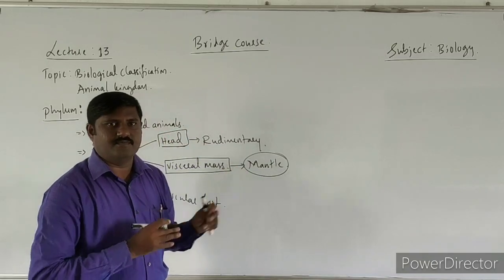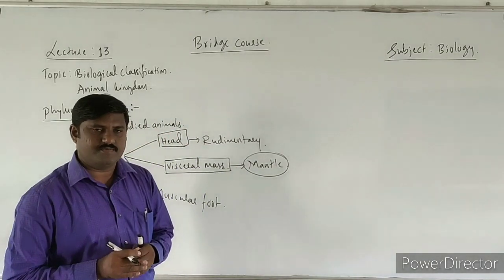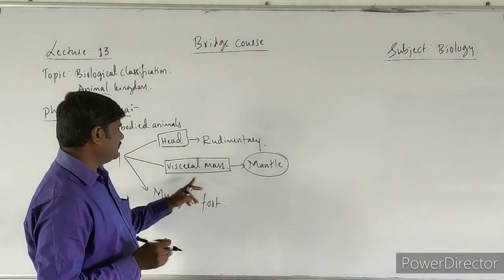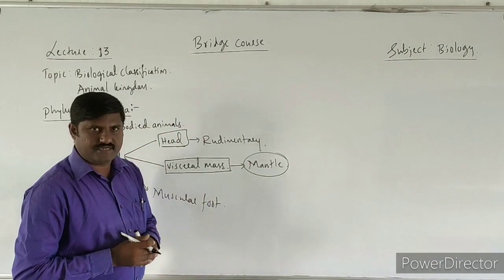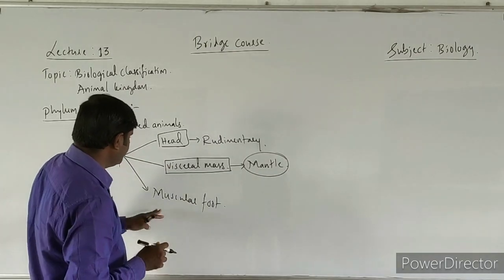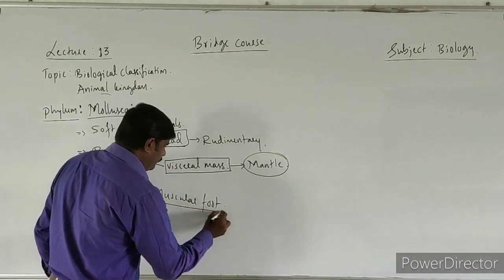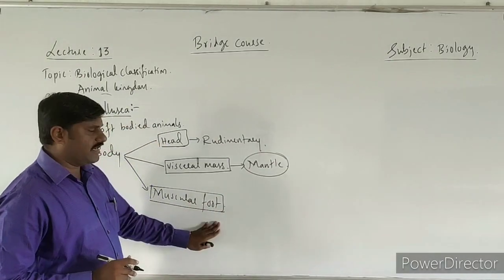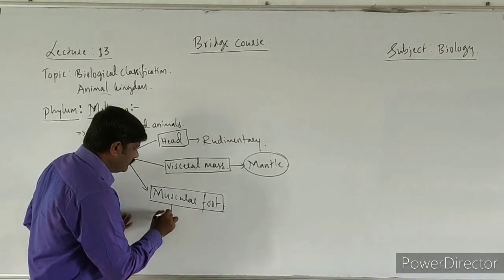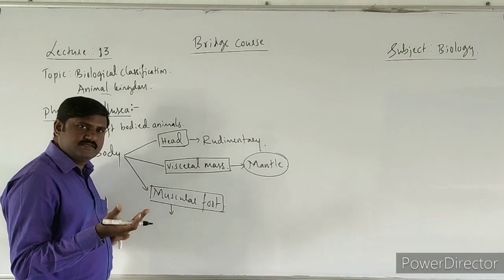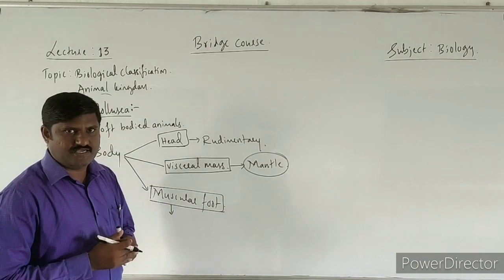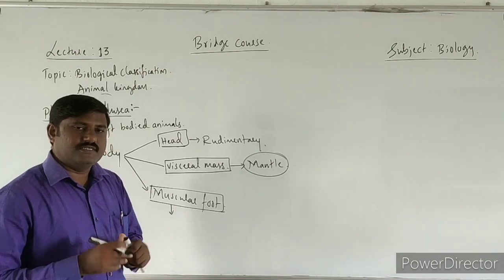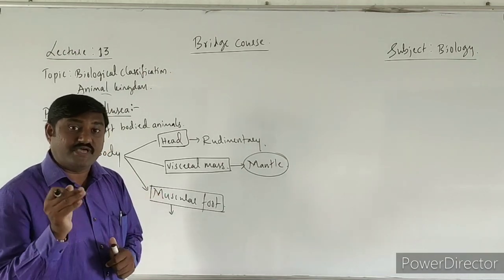Some of these animals respire with the help of that mantle cavity, right? So visceral mass contains the mantle, and a muscular foot. So the foot is muscular in nature, and this foot part is sole-like. As you know, sleepers have a flat sole, that sole-like or wedge-like.